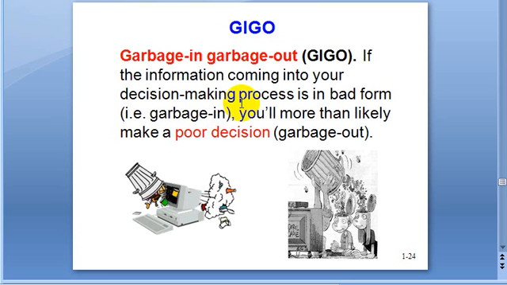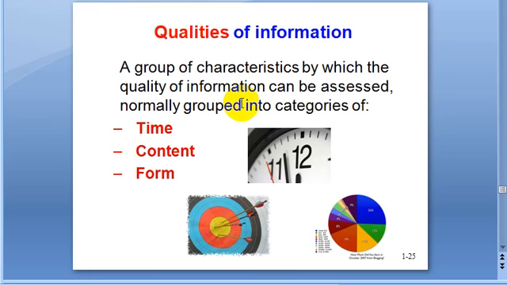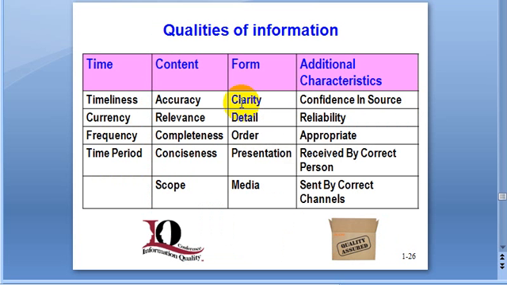Of course, with bad information, garbage in, of course we have garbage out. So we need top quality information. Otherwise, how can we make good quality decisions? So usually, quality of information or the features of information can be measured or described in terms of time, content, and form.